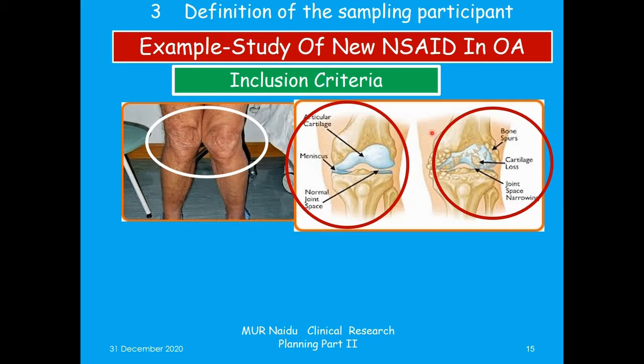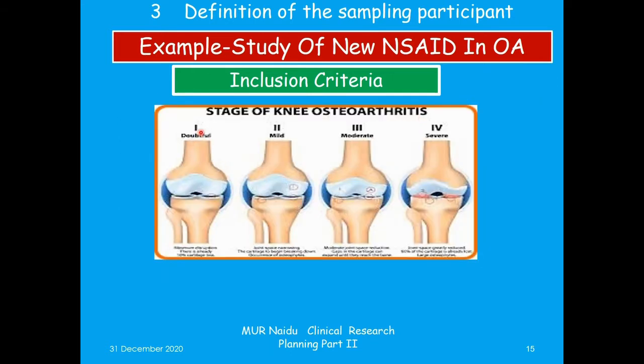So along with the clinical presentation, the X-ray and findings of the joint are very important as inclusion criteria. And then there are stages of knee osteoarthritis which are also shown in this picture. So these are the inclusion criteria for the present study to see the effect of a new non-steroidal anti-inflammatory drug in osteoarthritis.